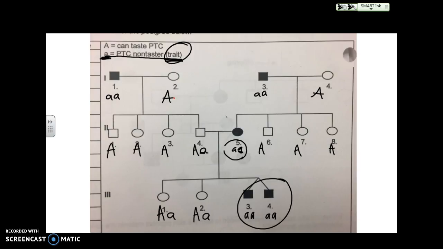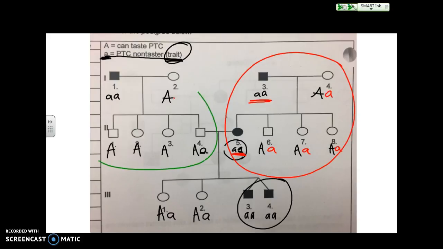All right, I want you guys, before I give you the answer, to try this on your own. So what you should notice is that this dad is little a, so he's going to give all of his offspring a little a. The daughter here is little a, so she had to get that little a from her mom. All right, and then what about over here, this part of the family?